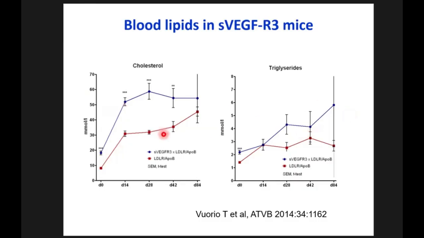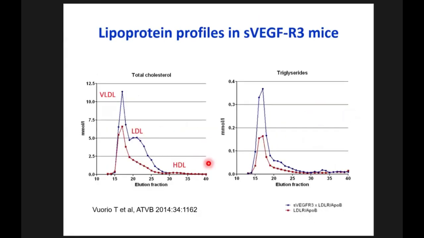And also triglycerides go very high. What happens is actually that in this decoy receptor mouse, the total cholesterol is more and more carried in the LDL fraction, whereas in normal mice, of course, you have most of the cholesterol in HDL.